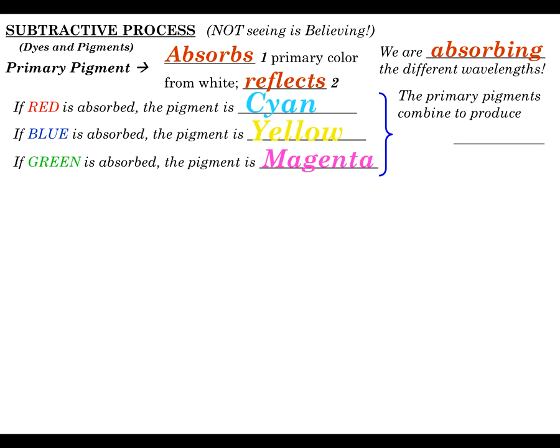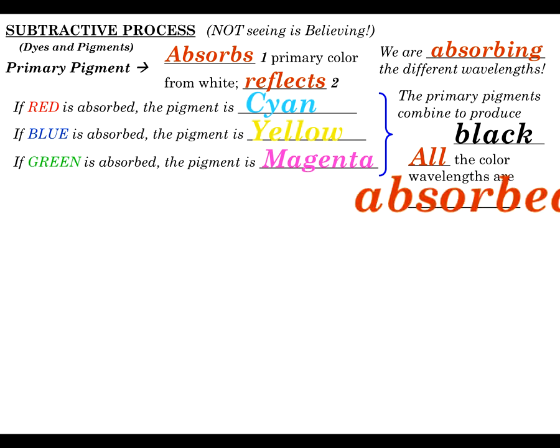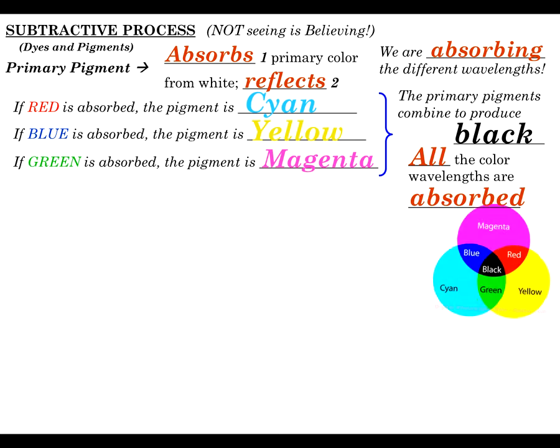So the primary pigments all combine together to subtract all the colors, and you get black. All the wavelengths are absorbed. So here's our little subtractive wheel. There's all three pigments making black. But you can see that if red is absorbed, then the other two are blue and green.